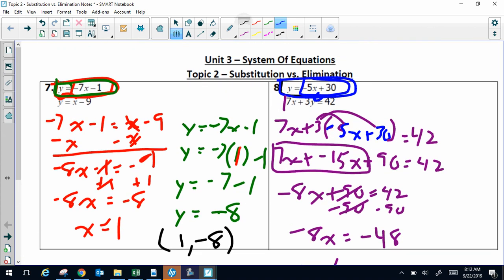So my final point would be at 6 comma 0. So it means we have one solution. If we had no solutions, then you would have a number equals a number, but they're not the same. And if we had infinite solutions, that means 0 would equal 0. Everything would cancel out, so they would be the same.